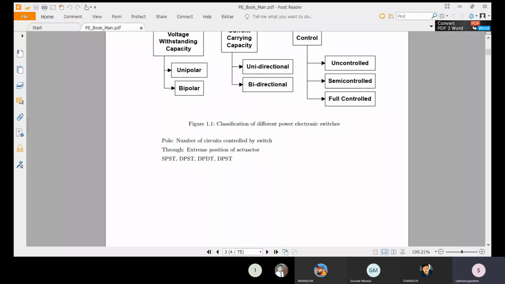Why is the switch important? Because whenever we are talking about a power electronic device or any kind of device, a switch is very essential because without switching, you don't have any kind of rectification or any kind of control over a device, right?